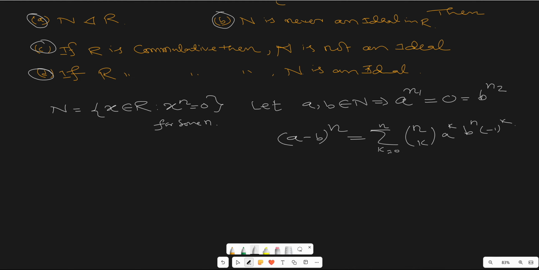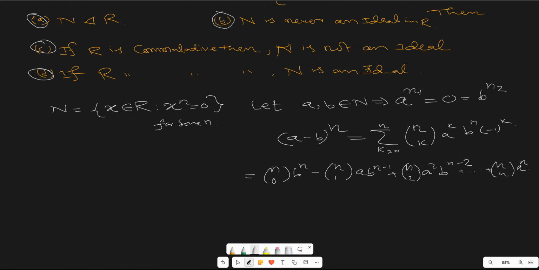So can you find any n here so that a minus b to the power n is 0? This is nothing but n choose 0, b to the power n, minus n choose 1, a b to the power n minus 1, plus n choose 2, a squared b to the power n minus 2, plus dot dot dot plus n choose n, a to the power n.